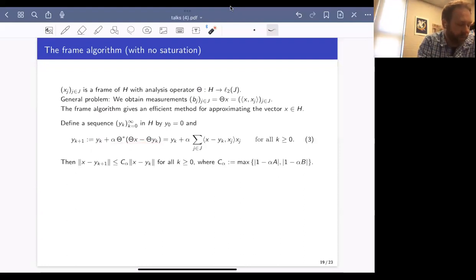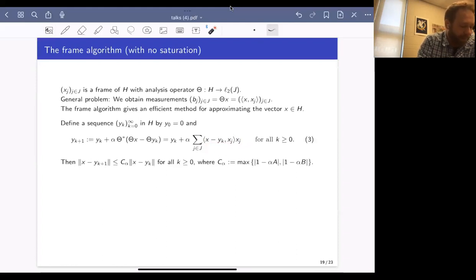And so essentially what this is doing is I start with y_k, and then I want to move so that the frame coefficients for my new vector move towards the frame's coefficients for x. And so in each single one-dimensional subspace, I think about I want to move y_k towards x. And so I add some linear combination of these.